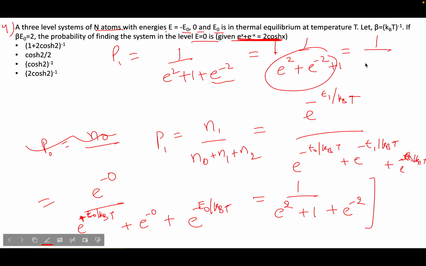This is twice of cosh 2 plus 1. This is equal to 1 over 2 cosh of 2 plus 1, or we can say P1 is equal to twice of cosh hyperbolic 2 plus 1 to the power minus 1. So this first one is correct.